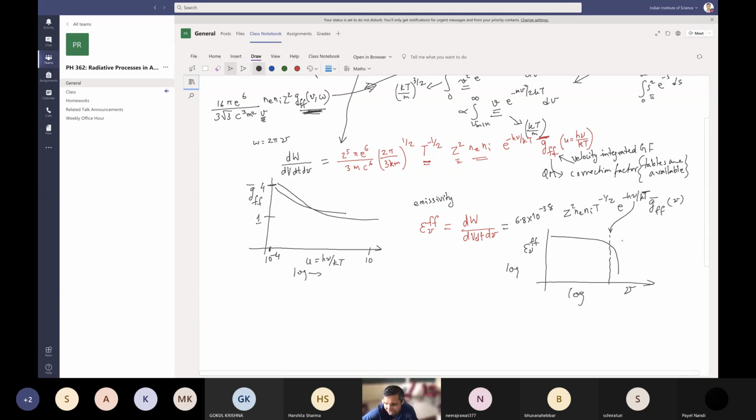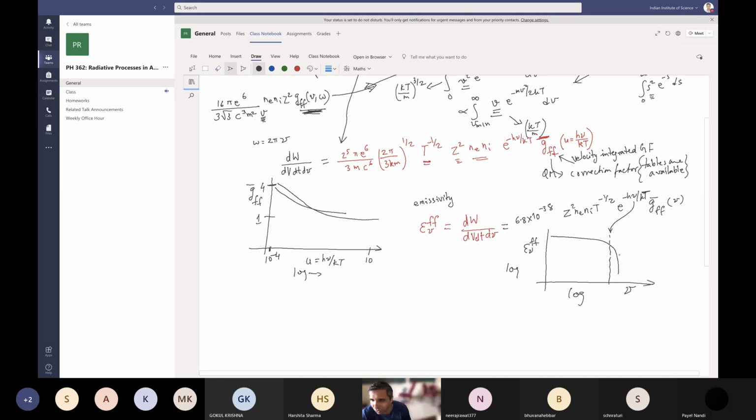This is the photon discreteness effect. If you go to very high frequency, the number of photons becomes exponentially rare because the energy is h nu, and in order to conserve energy the number of photons must be extremely rare.